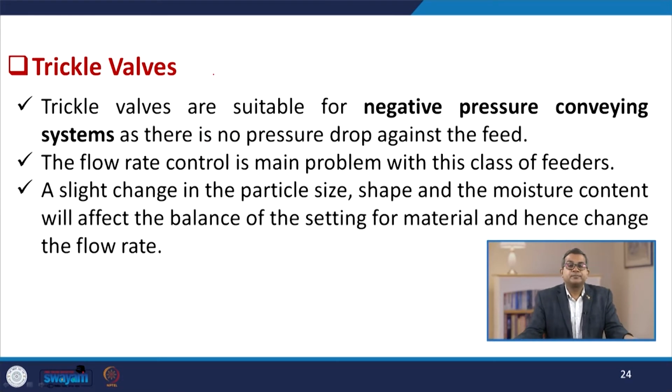Trickle valves are suitable for negative pressure conveying systems as there is no pressure drop against the feed. Flow rate control is the main problem with this class of feeders.